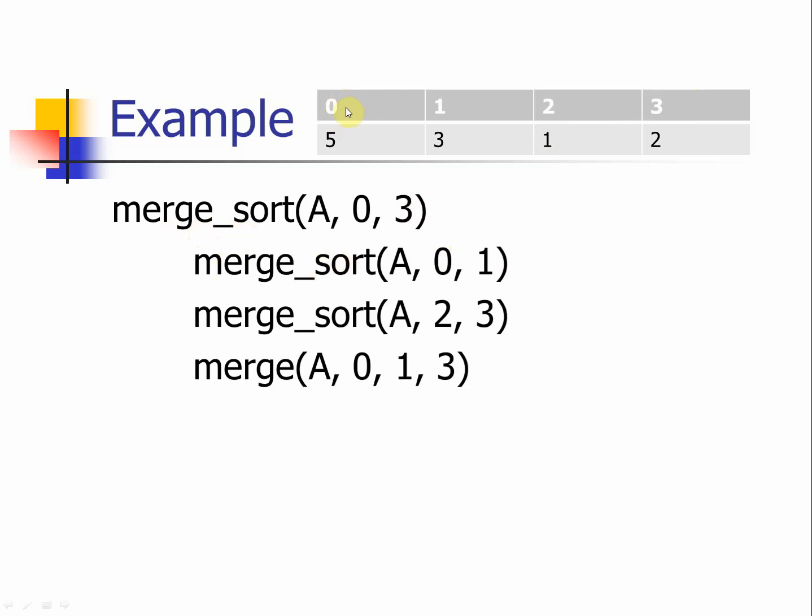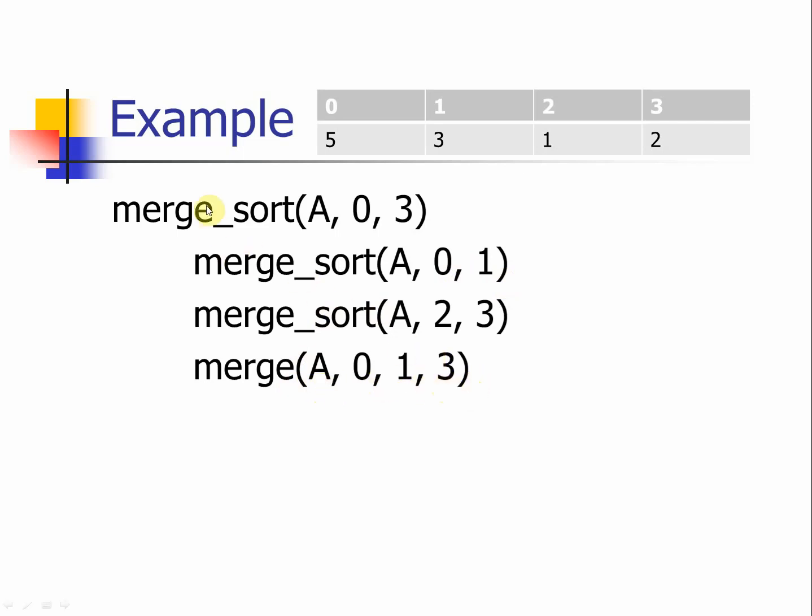The middle value would be 0 plus 3 divided by 2, which gives an index of 1. So you will call merge sort on the same array with 0, 1, and the other one recursively with A, 2, and 3. And after these 2 recursive functions are done, you should have 2 sorted segments to merge together. So you will have the merge A, 0, 1, and 3.